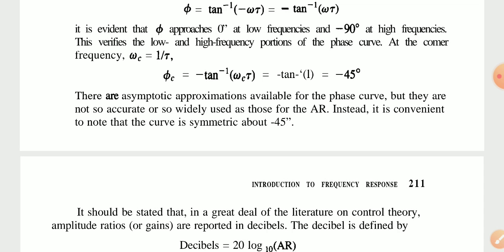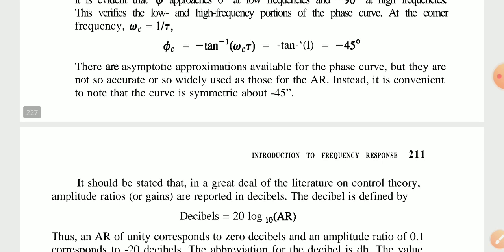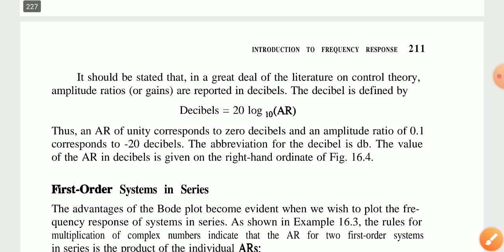At the corner frequency, omega C equal to 1 by tau, phi C is equal to minus tan inverse of omega C into tau, and the value of tan inverse 1 is 45, so it is minus 45 degrees. There are approximate values available for this, but they are not very accurate, so the minus 45 degrees is widely used.